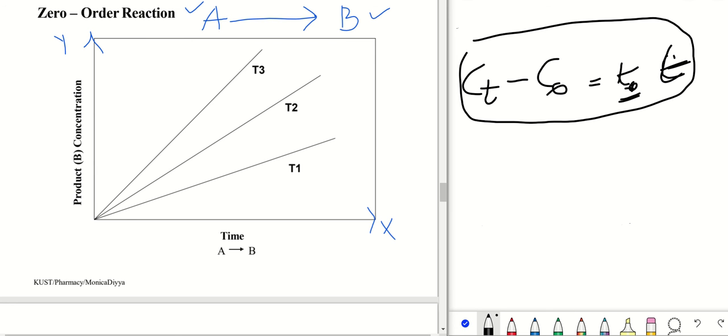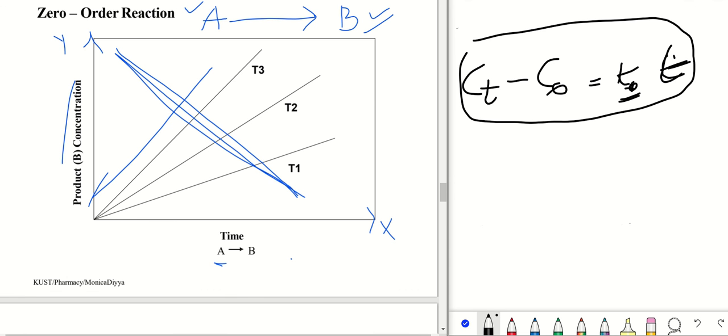So during this reaction, of course, the concentration of product B will be increasing with respect to time, whereas the concentration of A would be decreasing. It will be like this.